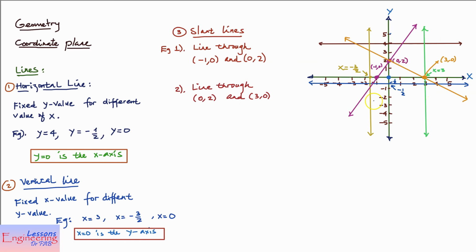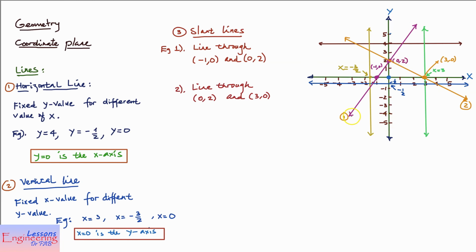The difference between this line and the previous line: they're both slant lines, but in the case of this example, as you go from left to right, the line actually goes down. But in the other one, as you go from left to right, the line actually goes up. And we call this the gradient.